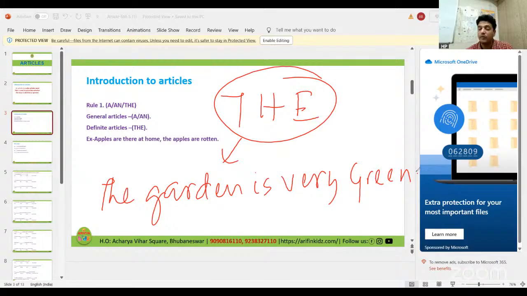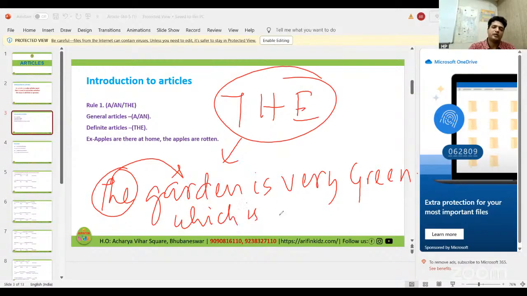You have to specify which garden, right? Now, the garden is very green, meaning only one particular garden I am specifying is green. So we have to define which garden. The garden is very green, which is near my house.